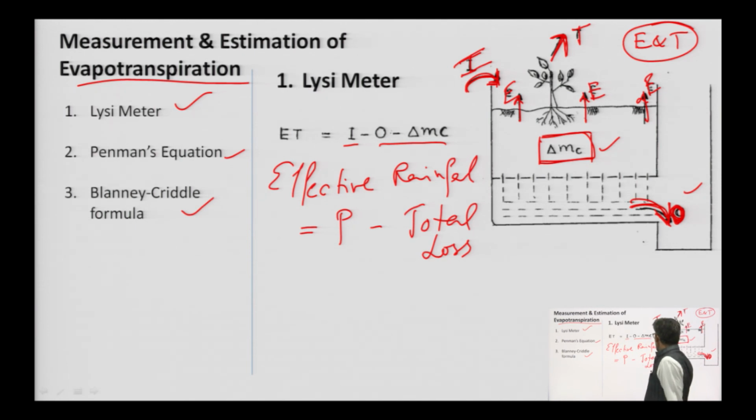After removing this initial loss and other abstractions like evaporation, transpiration and evapotranspiration, we find the total loss, and after removing it, the precipitation we have is the effective rainfall.